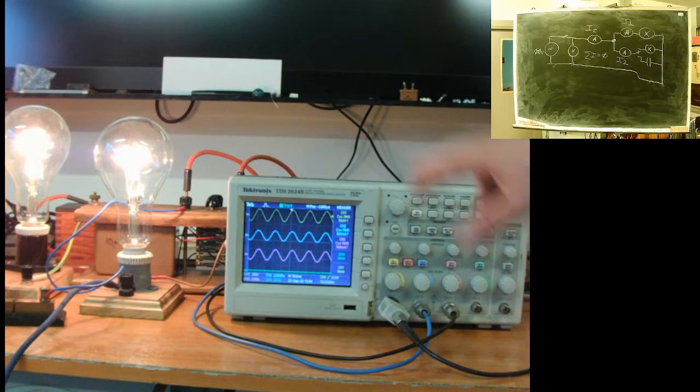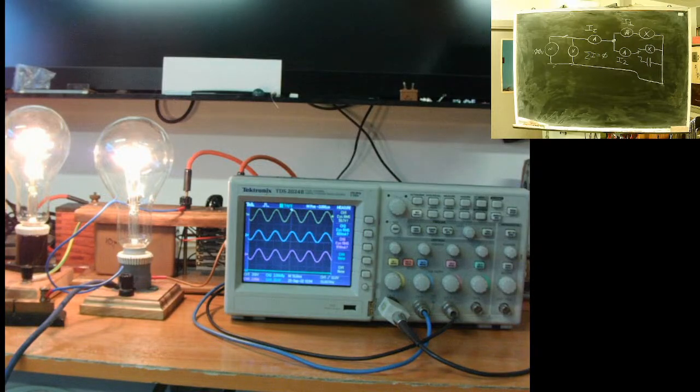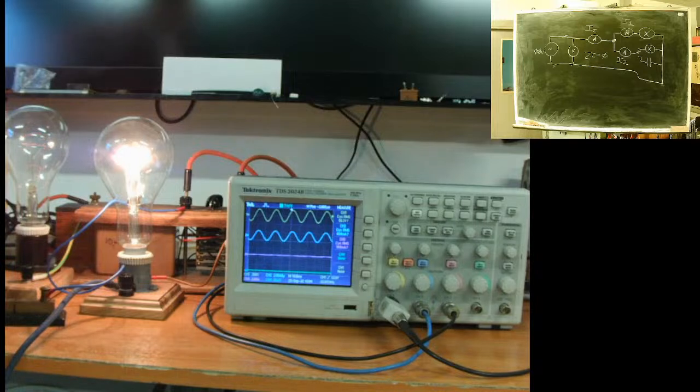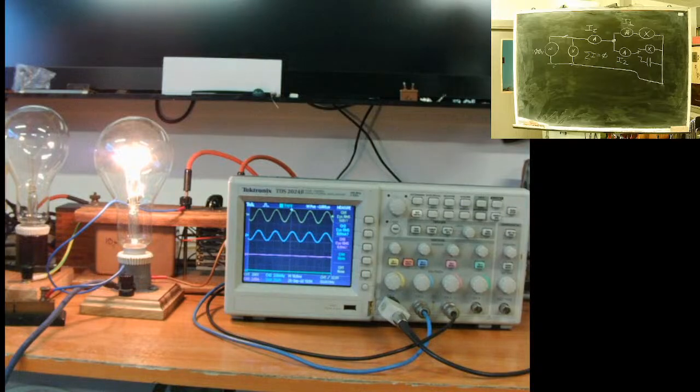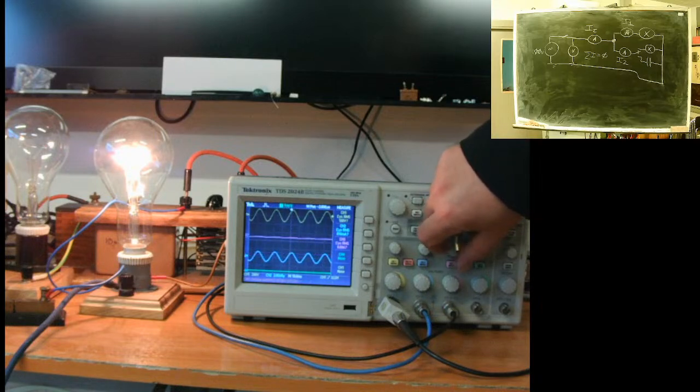The first one is voltage, 100, actually 99.4. And I have two currents. Maybe I should reposition them.